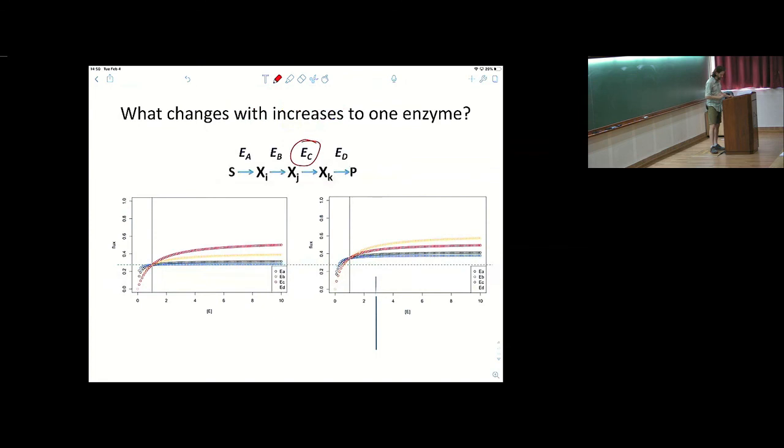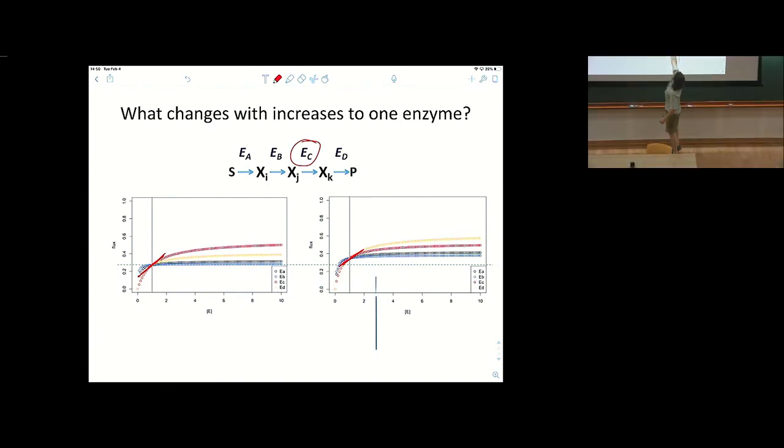So I increased enzyme C in this case, and you can see that the steepness for C has actually dropped. It's relatively more flat. It was the most important enzyme. It had the biggest control coefficient. Now it doesn't. Why is the whole thing shifted? Why is the point now through there instead of down there?